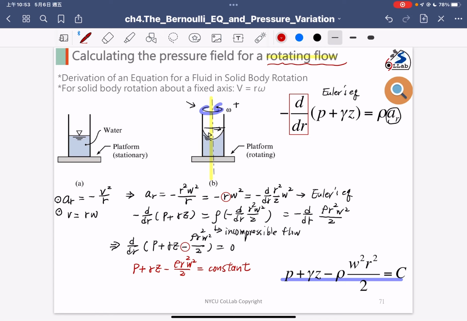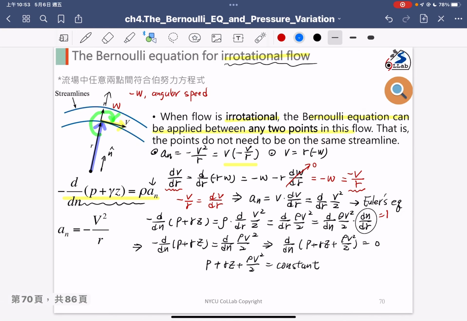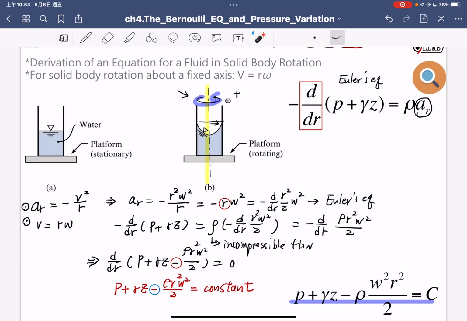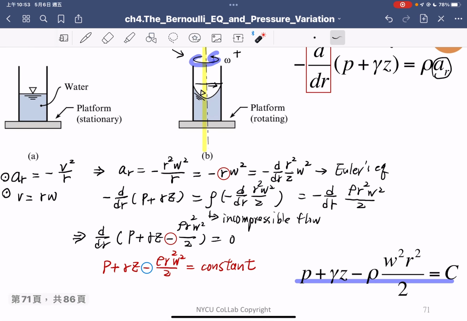And the significant difference here compared to the Bernoulli equation on the previous slide is the minus. On the previous slide it was always positive for the velocity terms, but here we have the minus: the minus for the ρ r squared ω squared divided by 2 term.